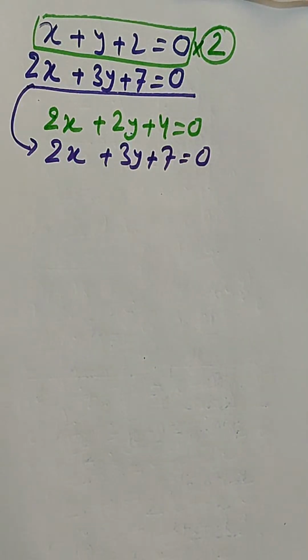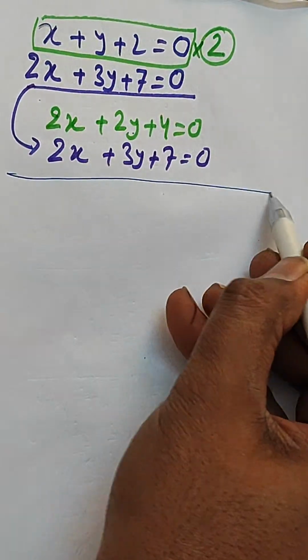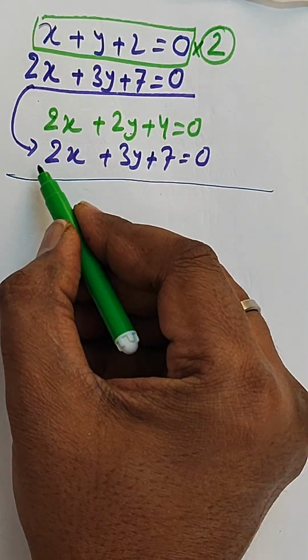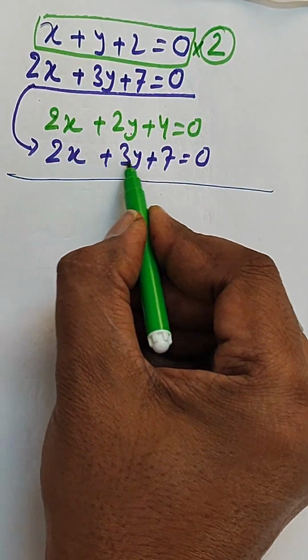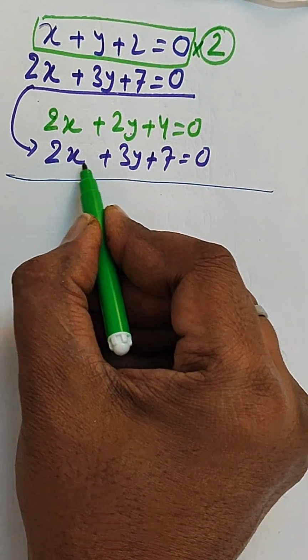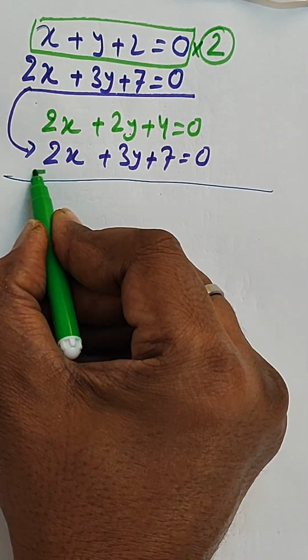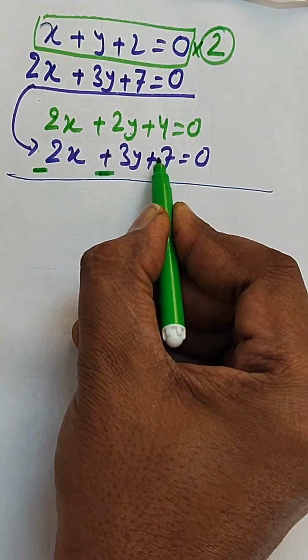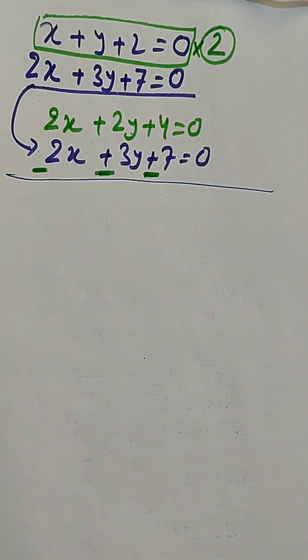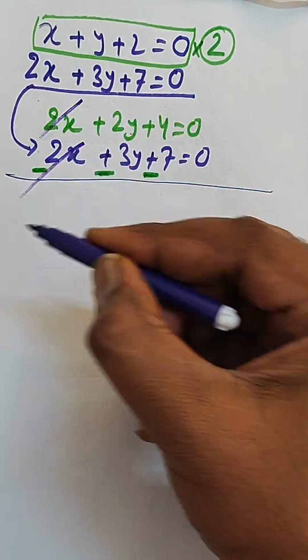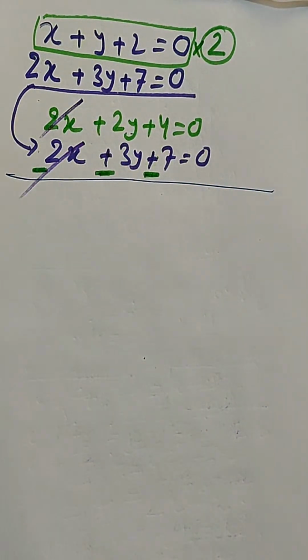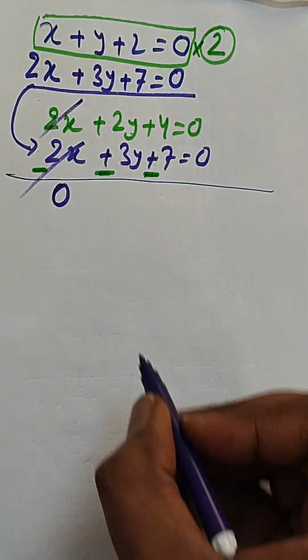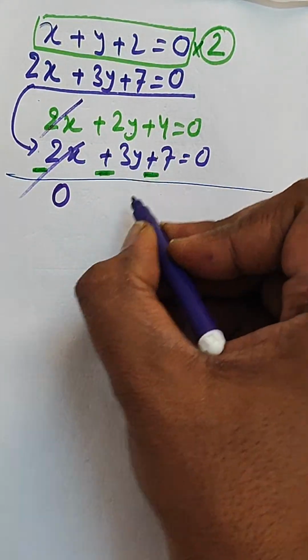Now when you just subtract it, the sign of all the terms of the second equation will be changed. This plus will be changed to minus, this plus will be changed to minus, this plus will be changed to minus. So in this way, 2x and 2x will be subtracted, right? This will be 0, right, from 2y minus 3y.